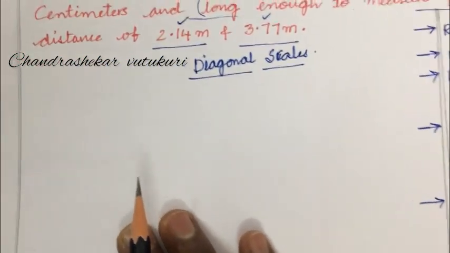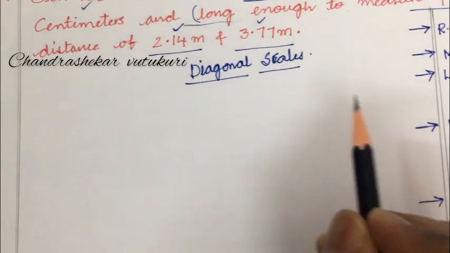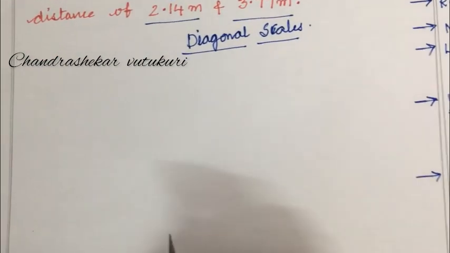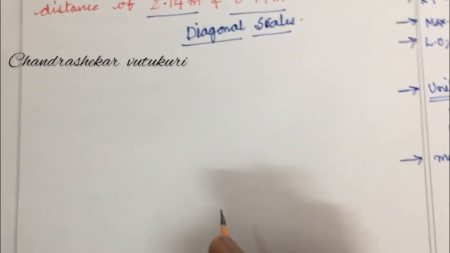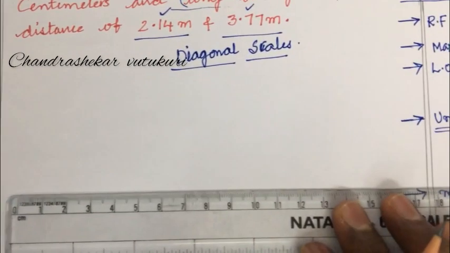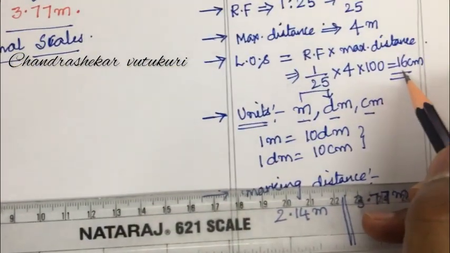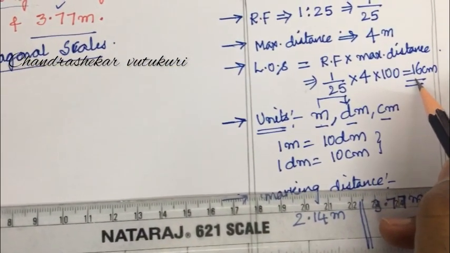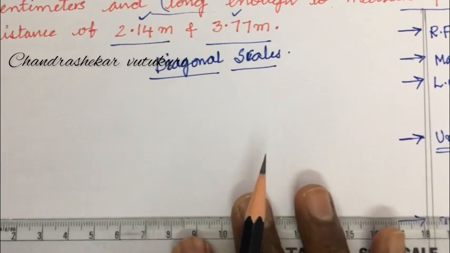Now, as I don't have enough time to work out with the drafter and the instruments, I am going to show you a rough sketch here, dear students. As I have a scale, we are supposed to plot this up to 16 centimeter. Your scale is going to measure up to 16 centimeter.